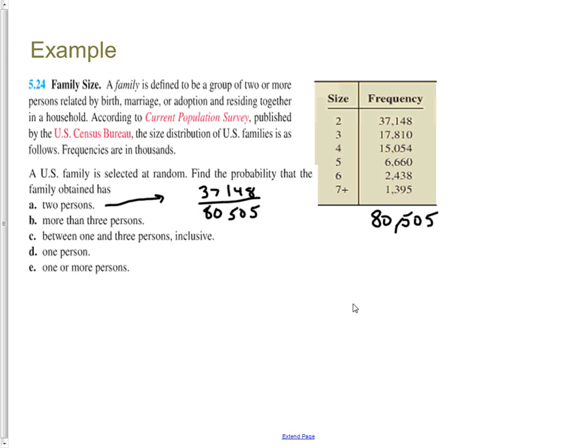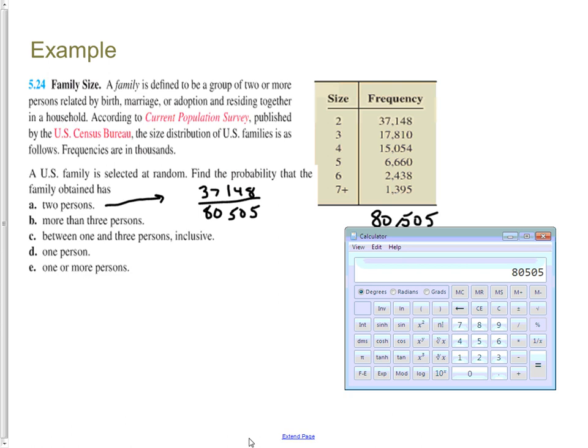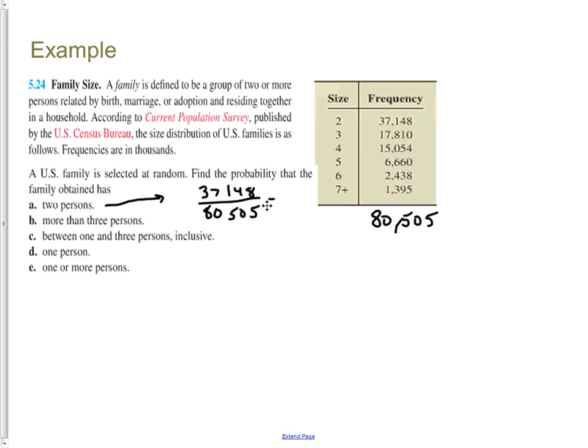Now, fractions like these are a little bit harder for us to deal with, so we would just go ahead and carry out the division, 37,148 divided by 80,505, and that gives us a probability right here. And we're going to express this to 4 digits, 0.4614.